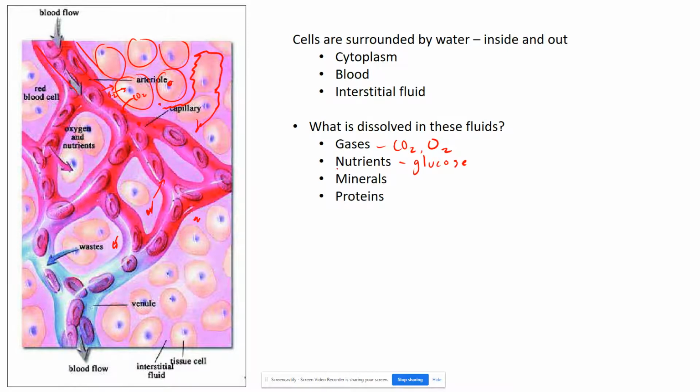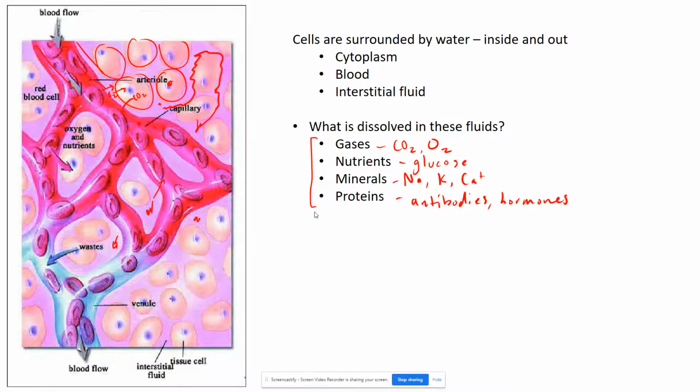Minerals, proteins. We don't need examples for everything. Sodium, potassium, calcium, lots of stuff. Proteins, we have antibodies. We have hormones. So all of these things exist in the spaces inside your cells and outside your cells.